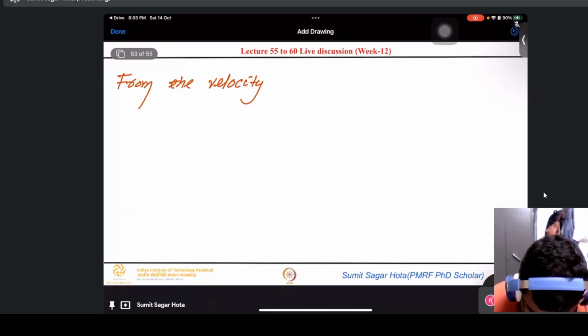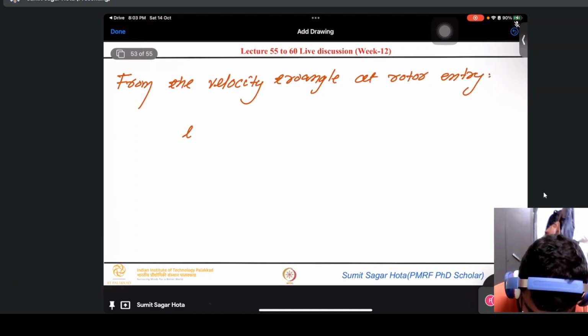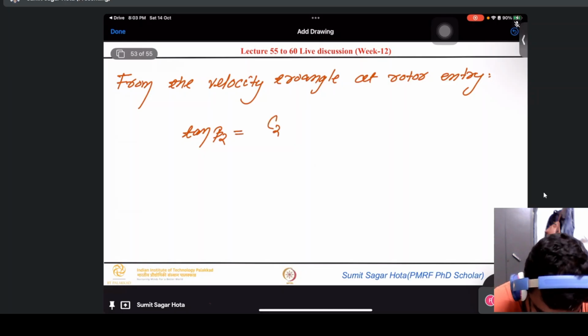From the velocity triangle at rotor entry, tan beta 2 equal to C2 sin alpha 2 minus U divided by Ca.